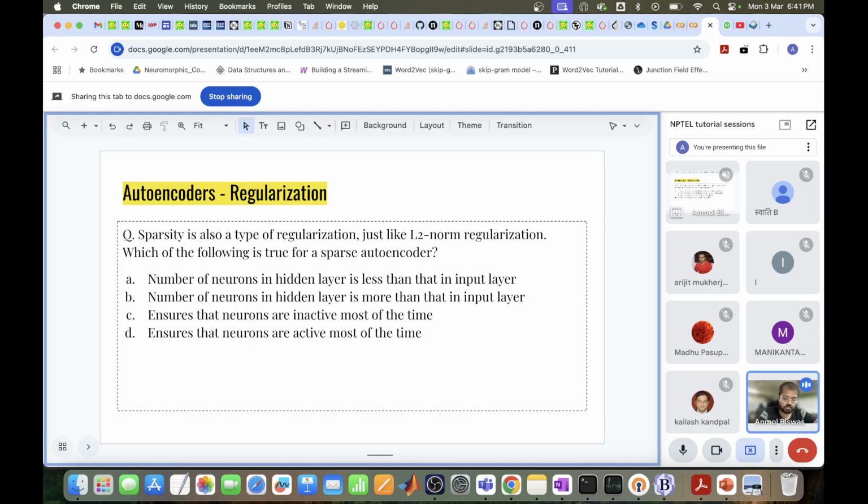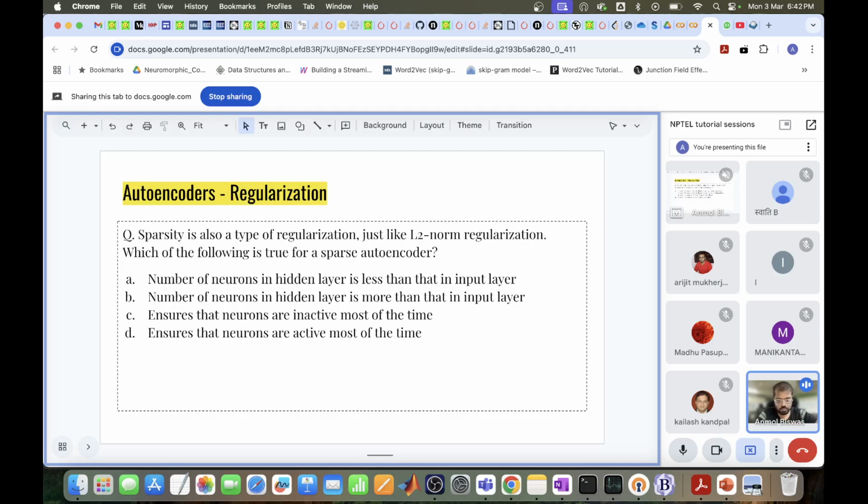If we come to sparsity, we can say that sparsity is also a type of regularization. Let's say there is a sparse autoencoder, where the entire autoencoder itself is what you call sparse. The question is, what characterizes an autoencoder as a sparse autoencoder?